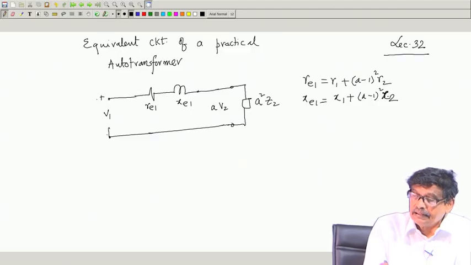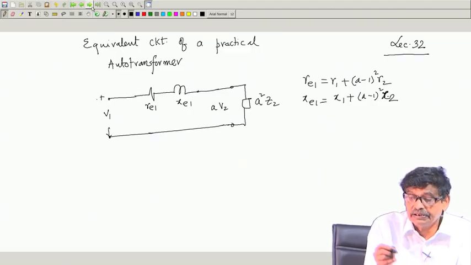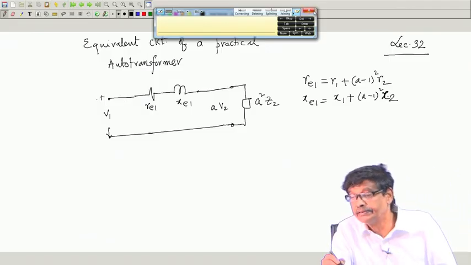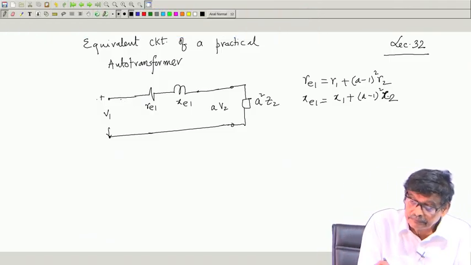That is it. And if you consider this impedance, refer to this side, show it here, the supply side.